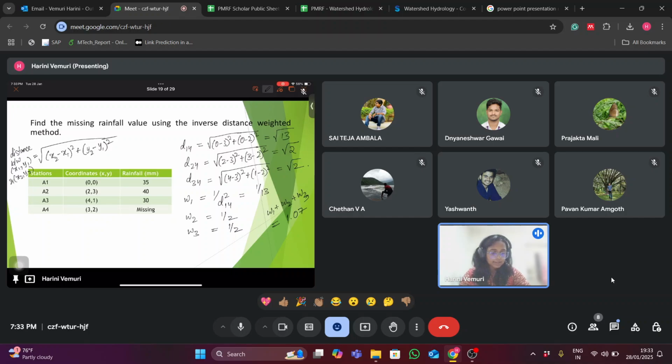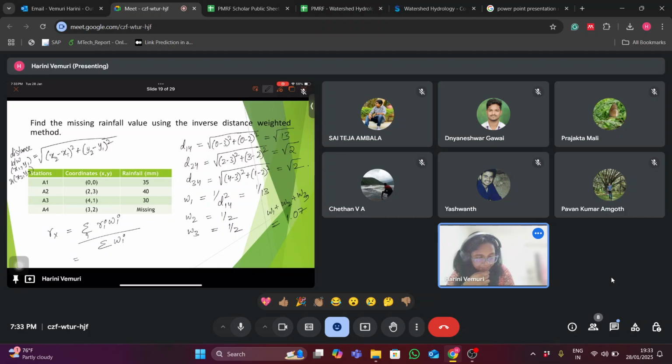So to normalize this, we have the formula Rx equals the sum of Ri times Wi over all values of i, divided by the sum of Wi. This denominator is here to make sure there won't be extra weightage for the rainfall values.